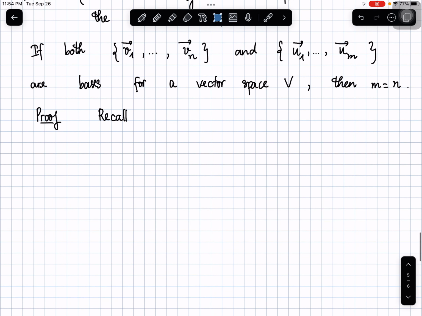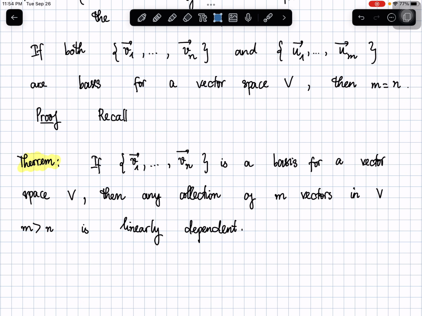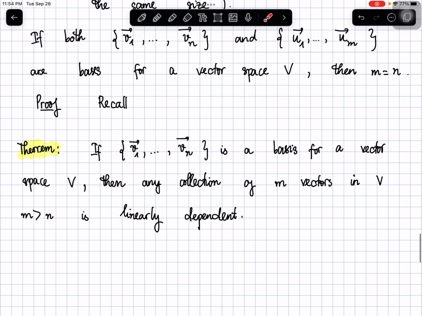So if you have a set where the number of vectors is more than the number of vectors in the basis, then it must be linearly dependent. So recall this theorem.